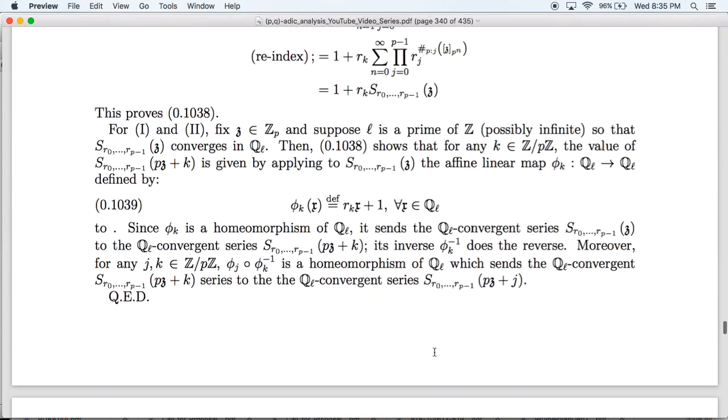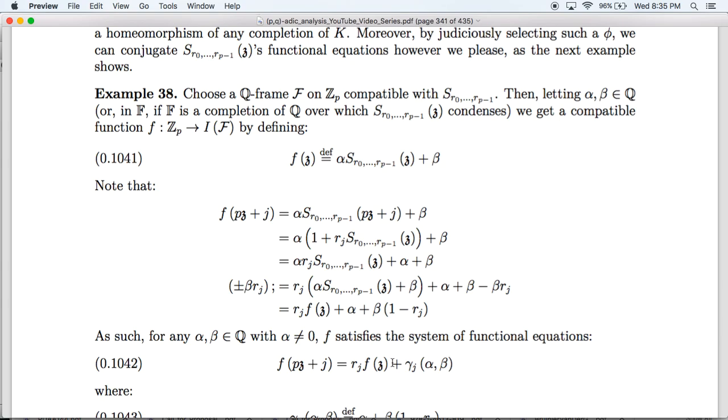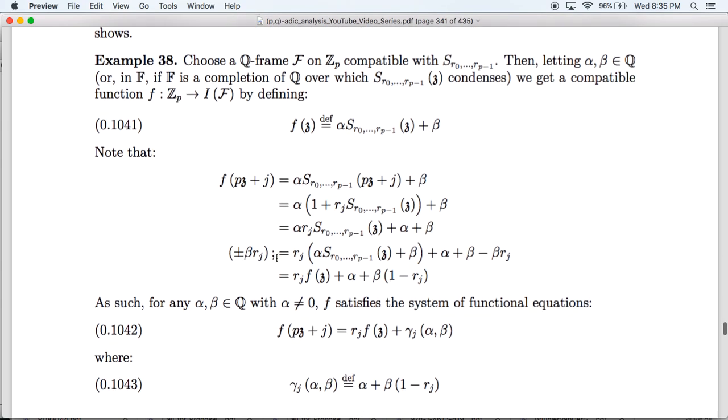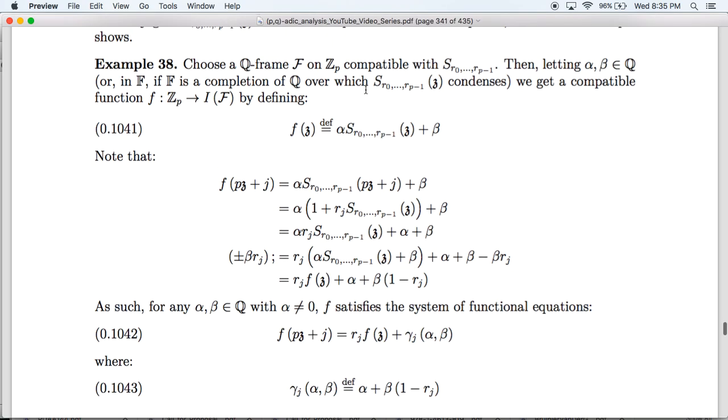So, we have a contraction. Everything is nice. Now, if you happen to be particularly clever, you'll notice that there's a linear algebra problem that occurs here. In this case, the r_j are given, so in terms of conjugating things, we only have two parameters here. But this function has j, so it has p distinct functional equations.